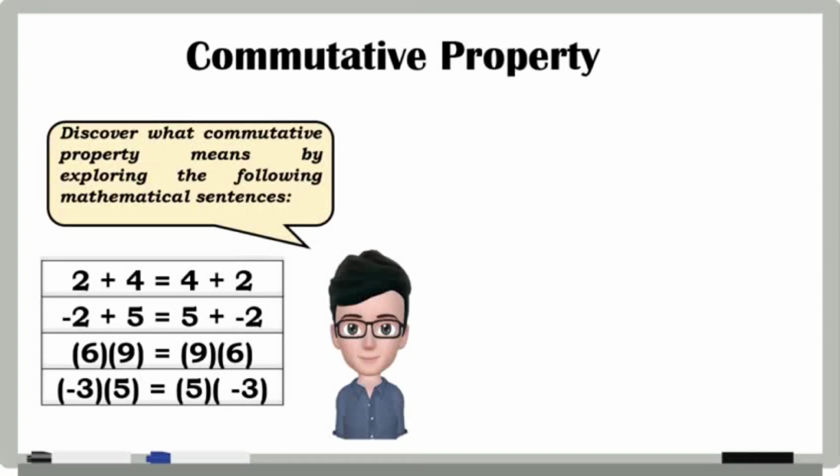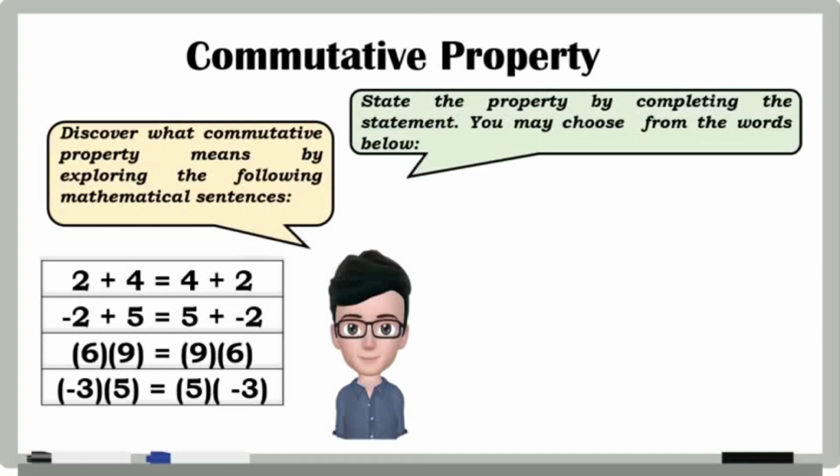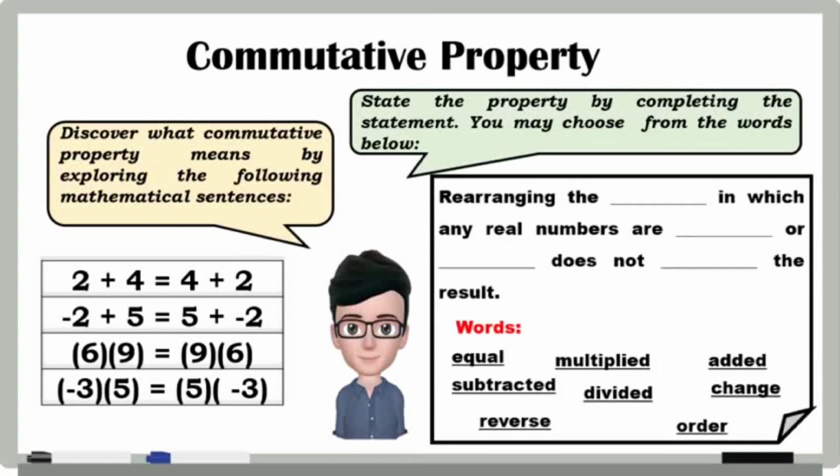Okay, so based from those examples, let us see if you can state what commutative property is. This time, I want you to state the property by completing the statement. You may choose from the words below.